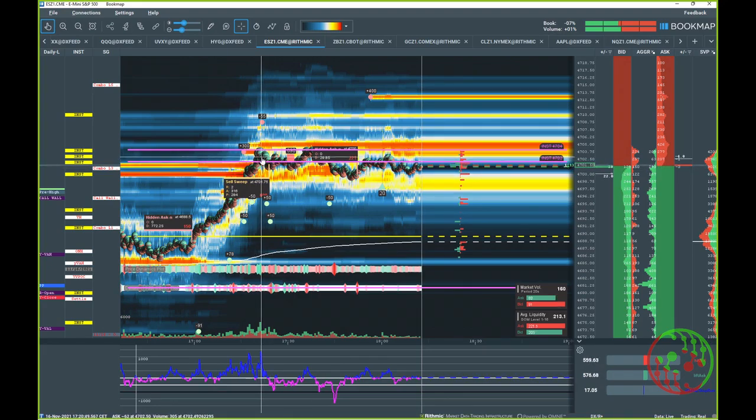They are taking a breath here, a pause at 4702, 47.5. These levels have been there long before the market opened, and that might be an indication, okay, that's maybe a break.